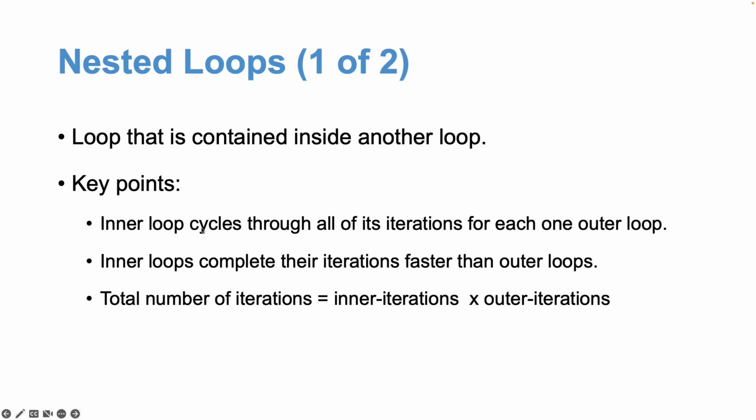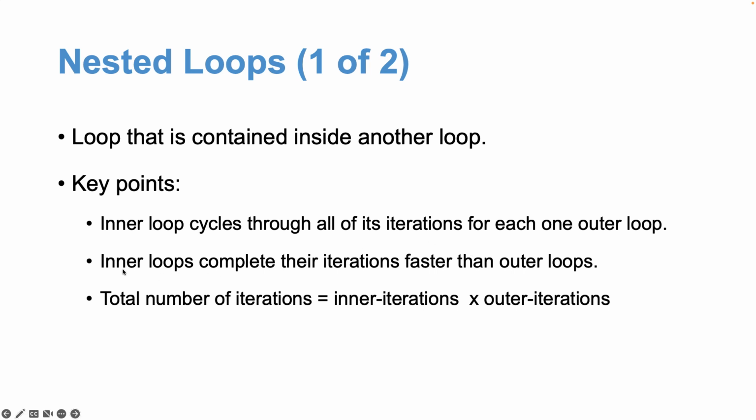What happens is that the inner loop will go through itself completely, doing all of its iterations, and once the inner loop's iterations are done, we have one iteration of the outer loop. Whatever is inside it will run, and then it will move to the outer loop and repeat that.